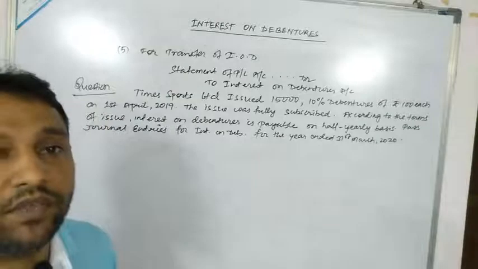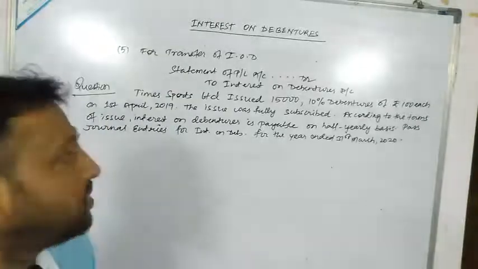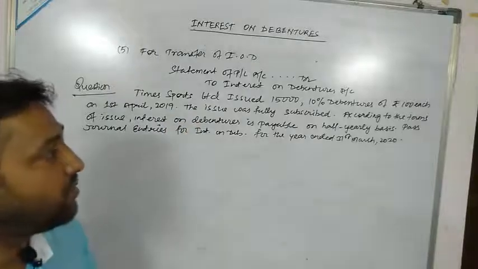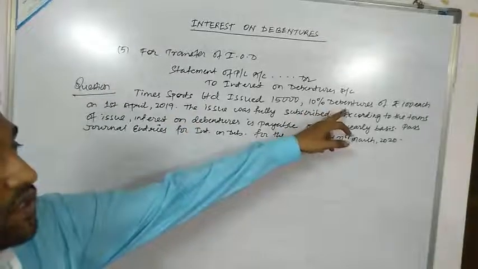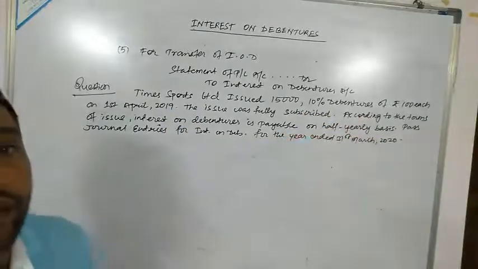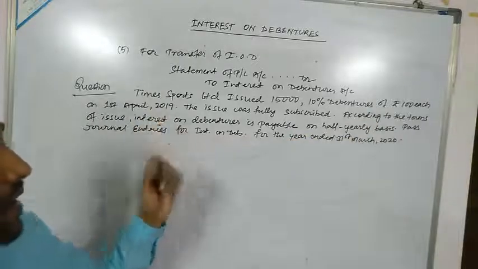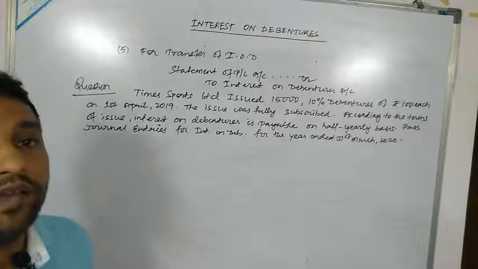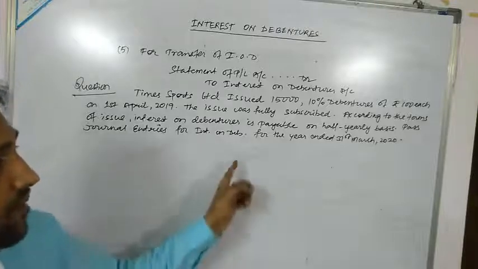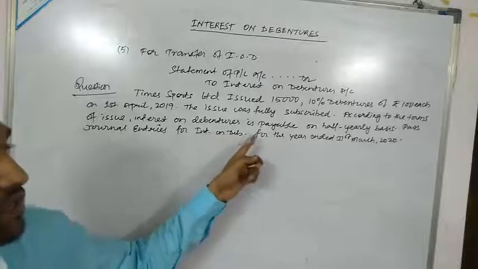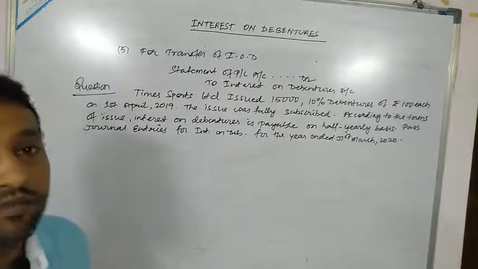As the question you can see from the board, we can read the question. Your Time Sports Limited issued 15,000 10% debentures of rupees 100 each, on 1st April 2019, and the issue was fully subscribed. According to the terms of issue, interest on debentures is payable on half yearly basis.